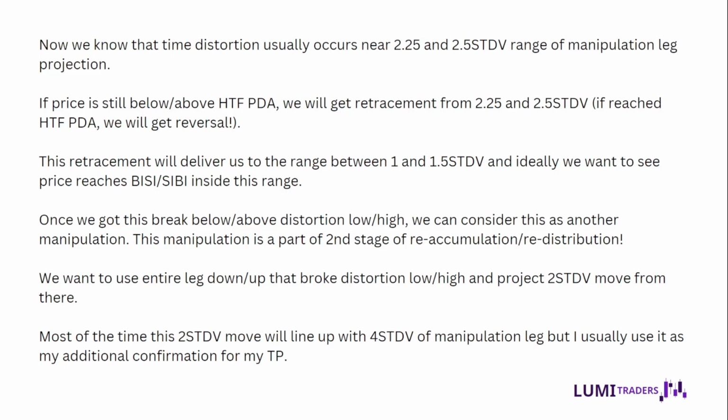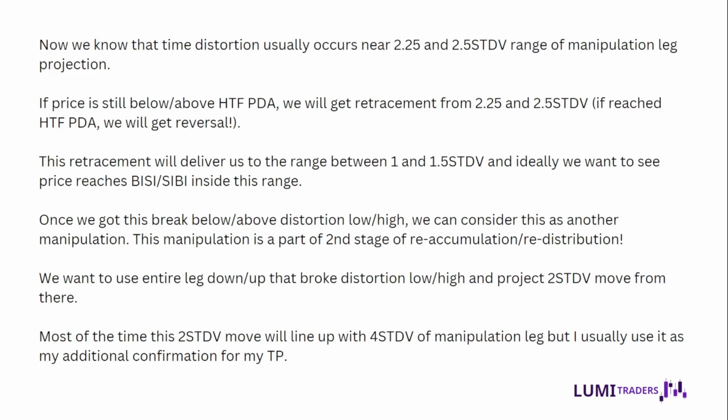Once we got this break below distortion low or high, we consider this as another manipulation. Basically, we are consolidating, then we break below distortion low or high. So it offers manipulation. This manipulation will be a part of second stage of reaccumulation or redistribution. I want to use the entire leg down or up that broke distortion low or high and project 2 standard deviation move from there.